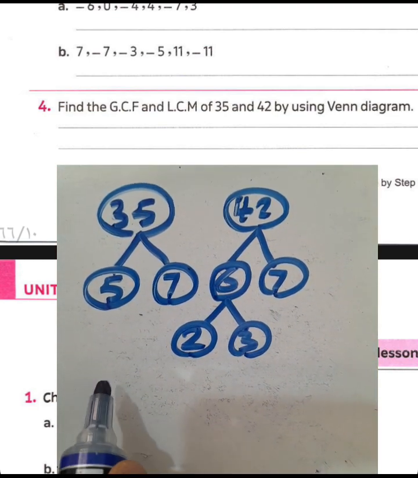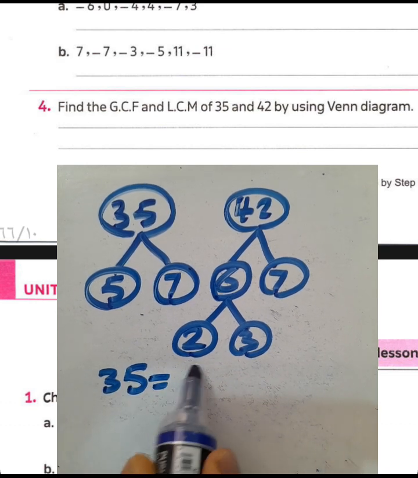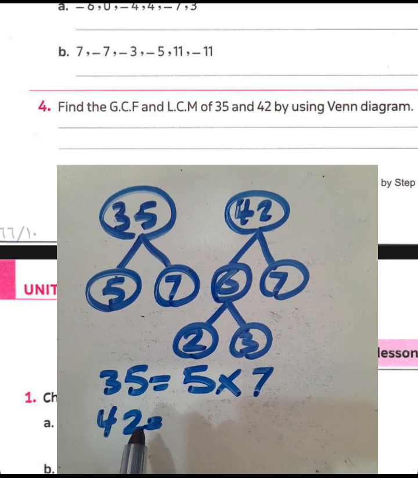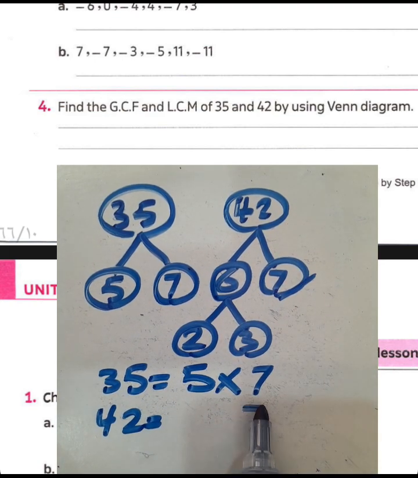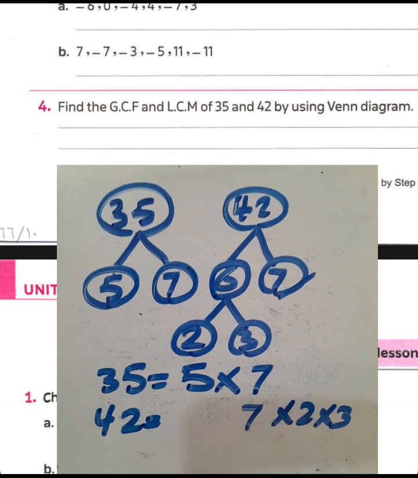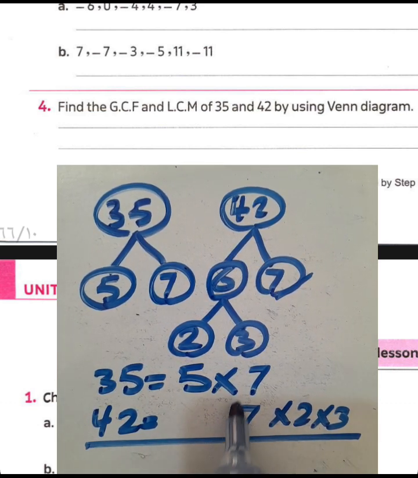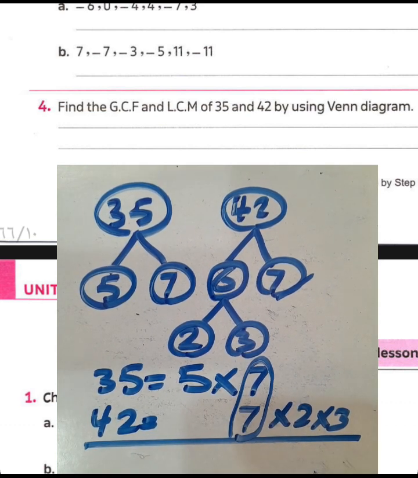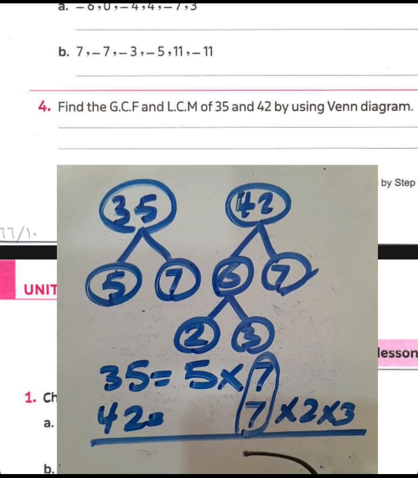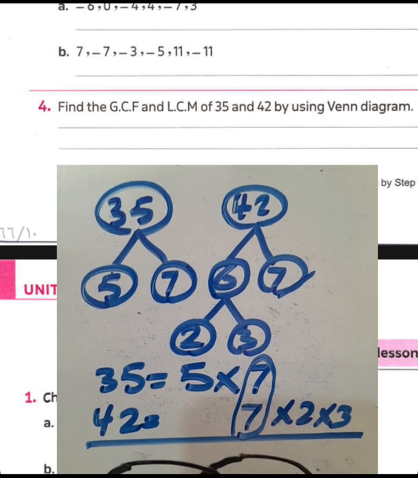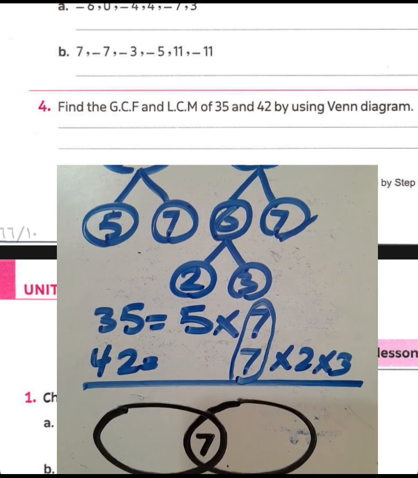Then 42 will be 7 times 2 times 3. Okay, and then we can draw the circle around the common number here, 7 and 7, and then you can draw the Venn diagram. Right here, Venn diagram here, 2 circles here, intersection is the digit 7 here.